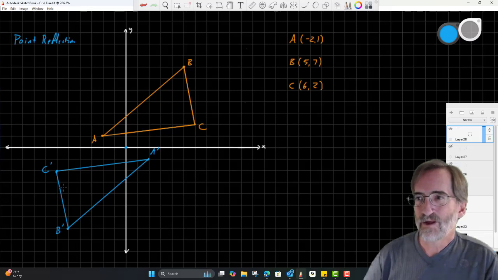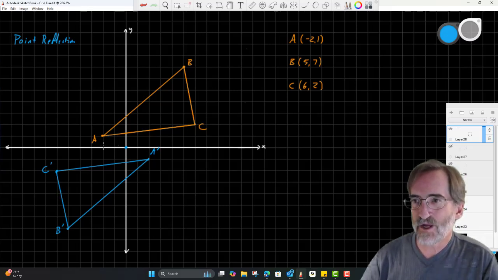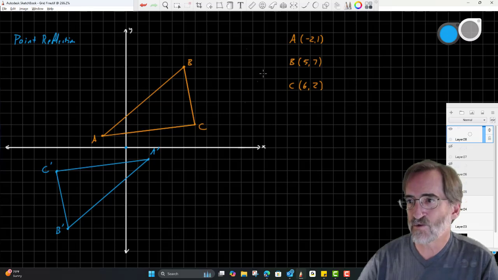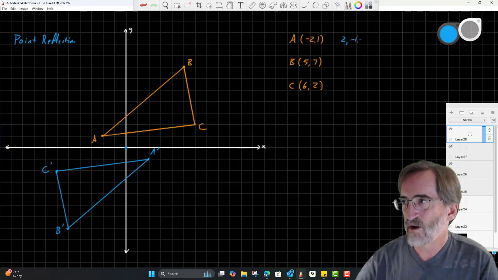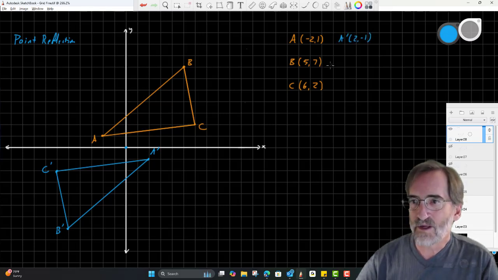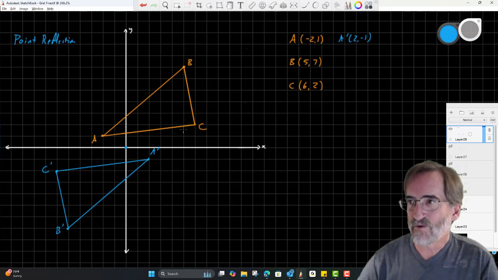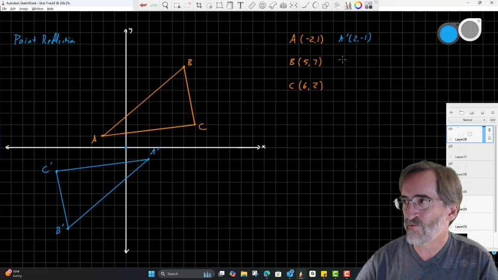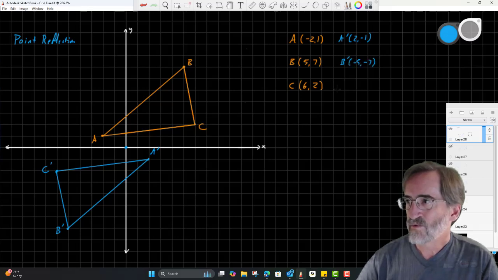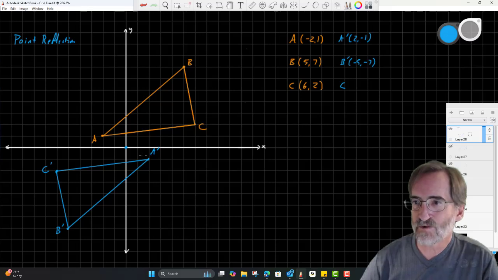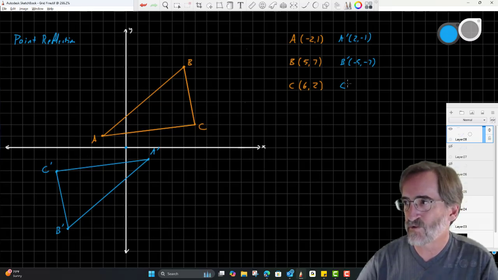Okay? And so let's look at the coordinates. A is -2, 1. A prime is 2, -1. B is 5, 7. So B prime is -5, -7. C is 6, 2. C prime is -6, -2.